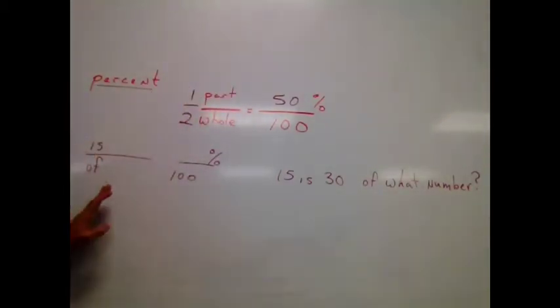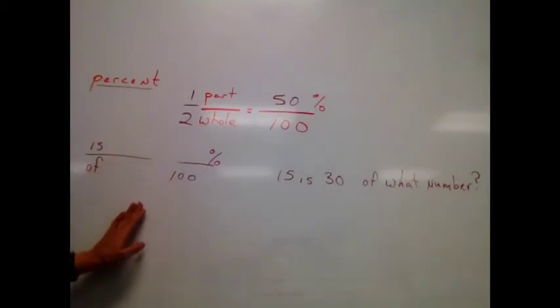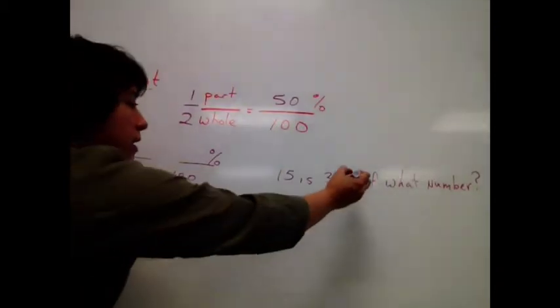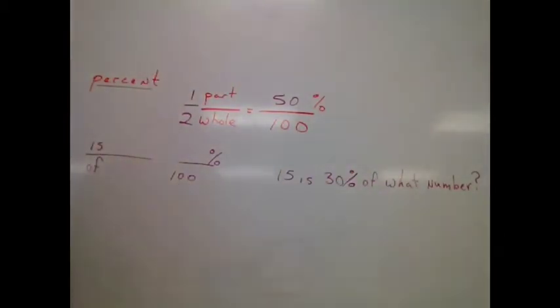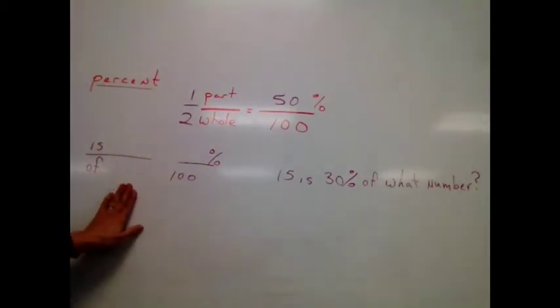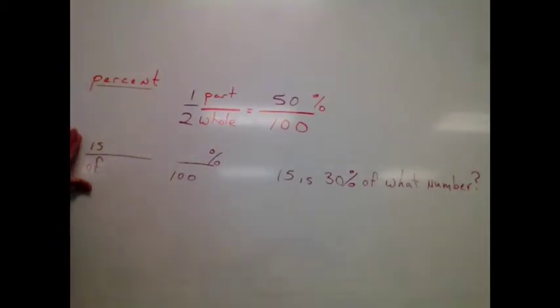All right, now let's look at an example. When we read problems in percent, a lot of times they're very confusing. So we will need something that's going to help us out to solve these. What's going to help us is looking at some of the words. Now, this is not 100% guaranteed. What it does is it helps us.